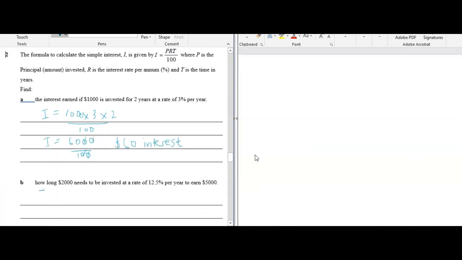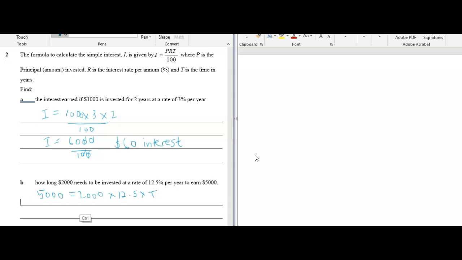So the interest is, we want to earn 5,000. And the principal, how much we started with, is 2,000. The rate is 12.5. And we're solving for T, so just leave T as it is.